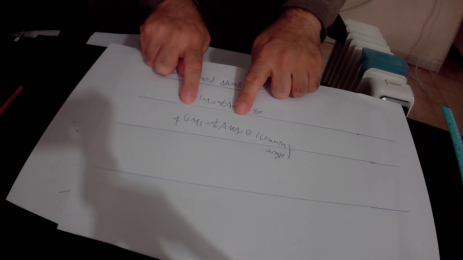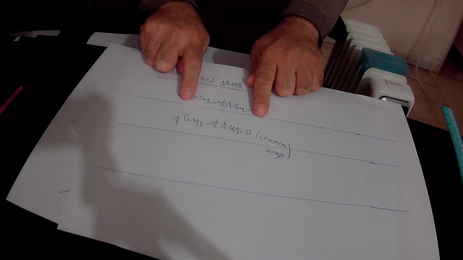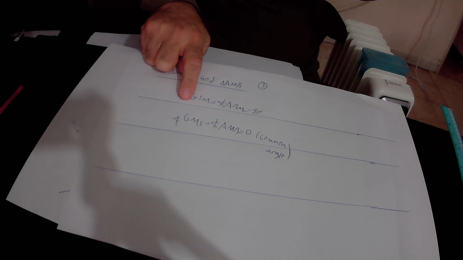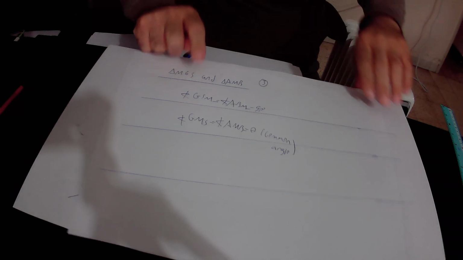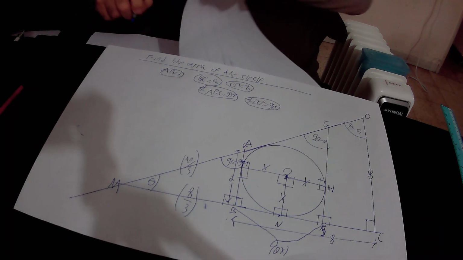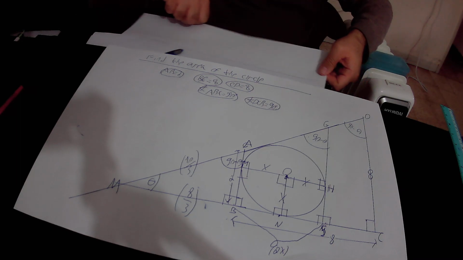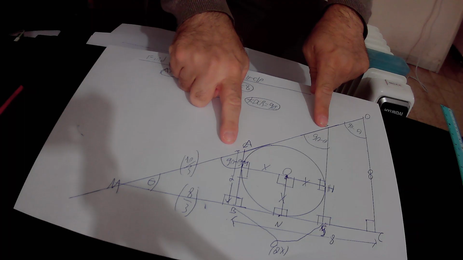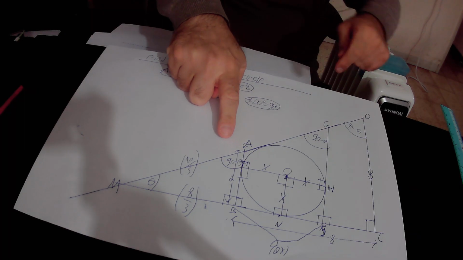We just call angle theta two different names. Why? Because angle theta is a common angle that belongs to both triangles. And finally, those two angles are both equal to 90 degrees minus theta, therefore they are equal to each other.